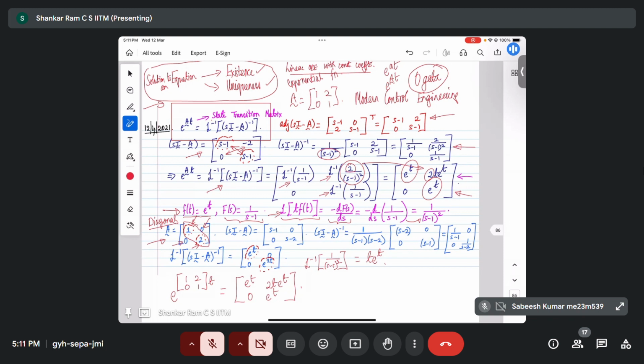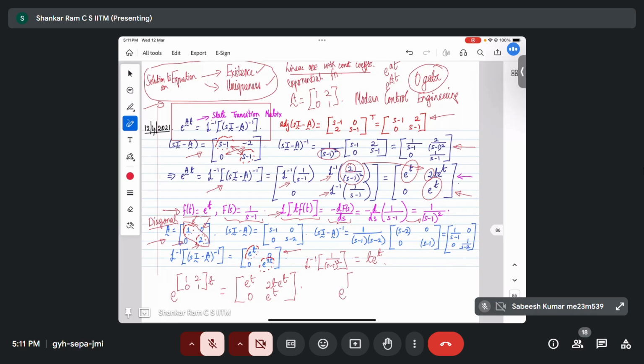So it turns out that if we repeat the process for a diagonal matrix, we get the exponential of a diagonal matrix, e^(At), by forming the matrix where the diagonal elements are the exponentials of the individual entries.